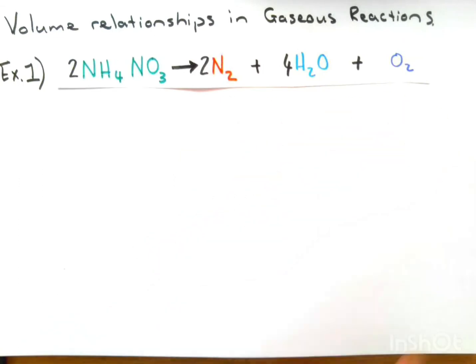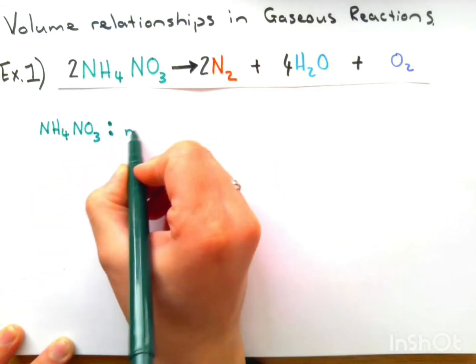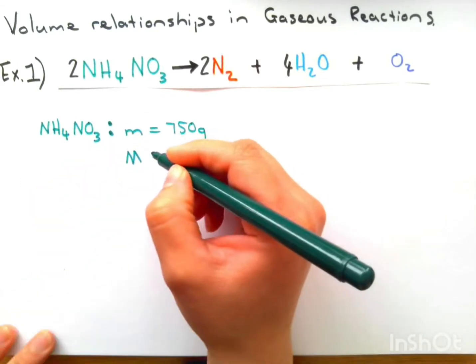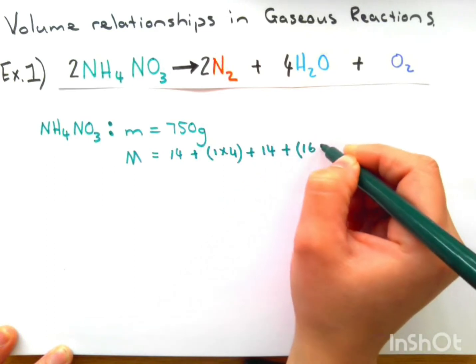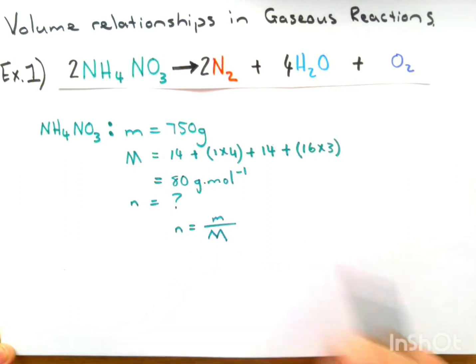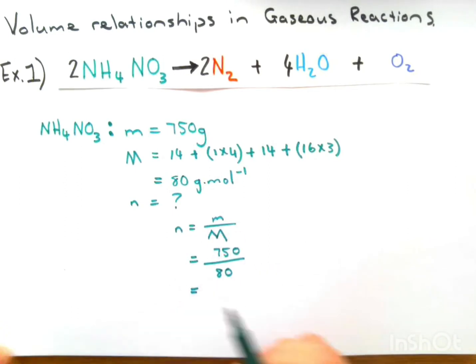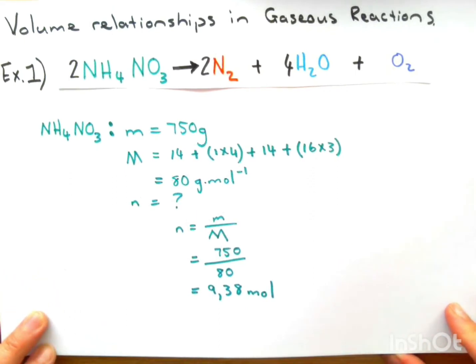So we write down our balanced chemical equation, and they give us the mass of our ammonium nitrate, which is 750 grams. We calculate our molar mass, and that is going to equal 80 grams per mole. And then we calculate our mole using our formula, which gives us 9,38 mole.